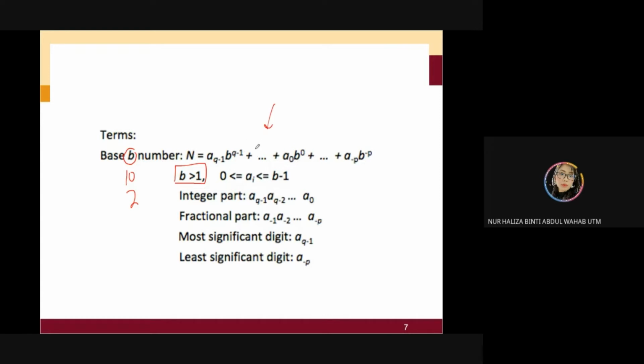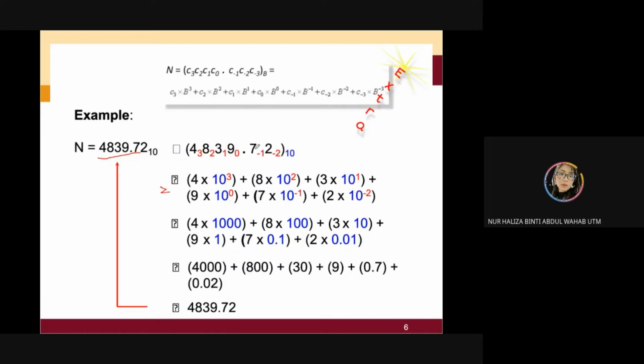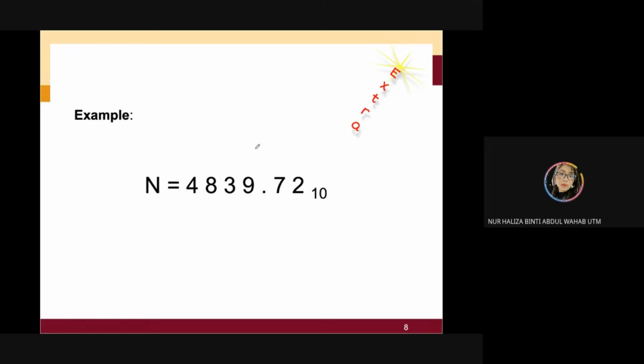As long as you understand what I taught previously, you're going to easily get the numbering system done. So this is your integer part and this is your fraction part. And in your fraction part, the power is going to be negative, and this one will be positive, for the power of your base.